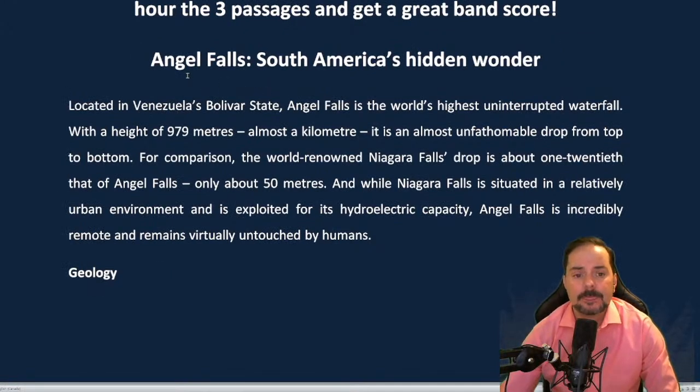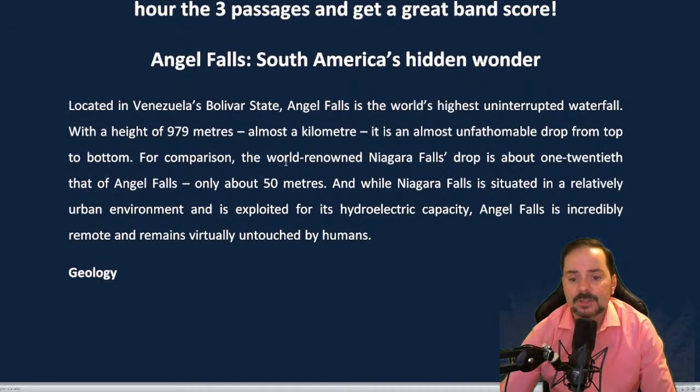Okay, everyone, here we go with the first paragraph, starting from the top. Angel Falls, South America's hidden wonder. Located in Venezuela's Bolivar state, Angel Falls is the world's highest uninterrupted waterfall. With a height of 979 meters, almost a kilometer, it is an almost unfathomable drop from top to bottom.